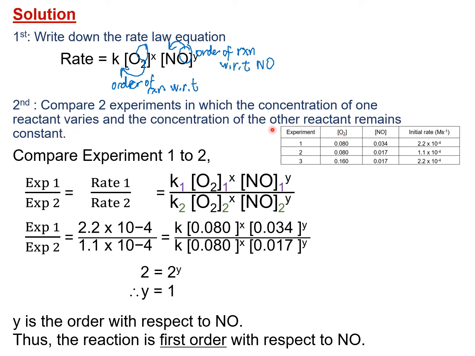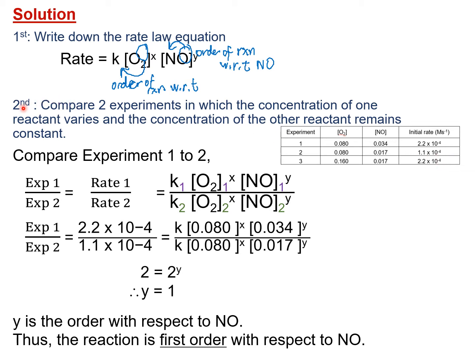Okay, for example, kita ada 3 jenis eksperimen kat sini. Eksperimen 1, 2, 3. And then kita ada concentration of oxygen respectively, concentration of nitrogen oxide respectively, and also the initial rate dalam unit molar per second for eksperimen 1, 2 and 3.